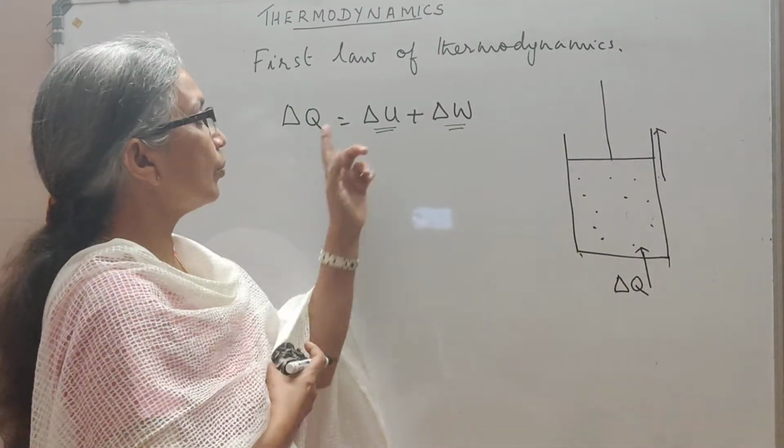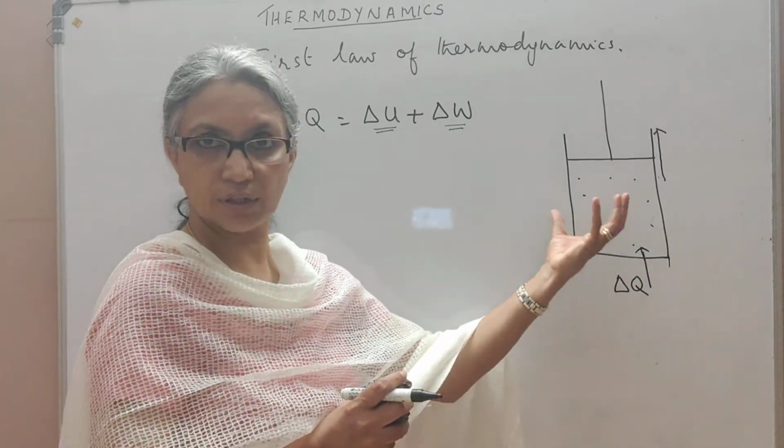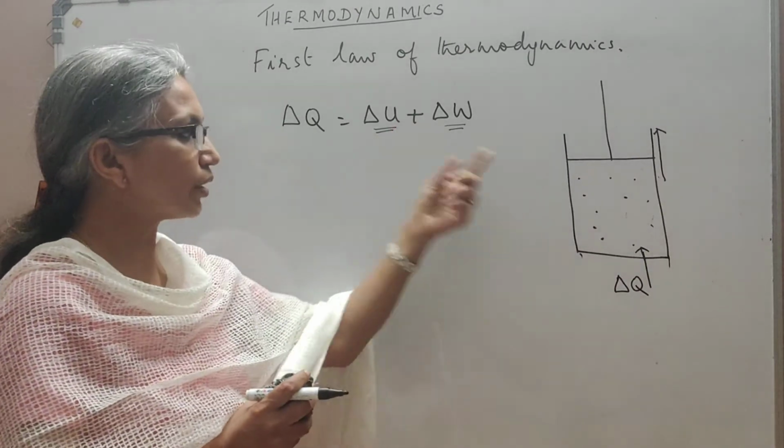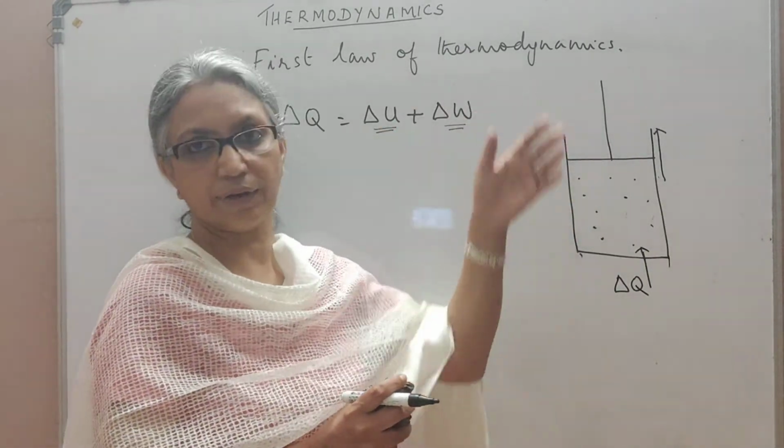So the first law of thermodynamics simply states that of the quantity of heat absorbed by a gas or a system, part of it is used to increase its internal energy and the rest of it is used to do work on the environment.